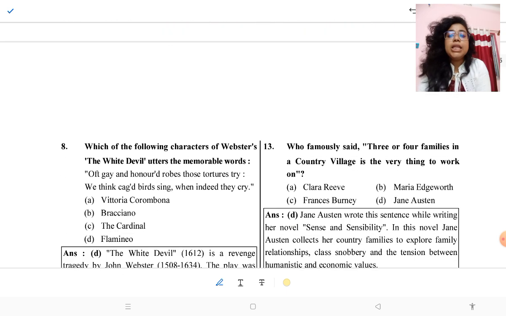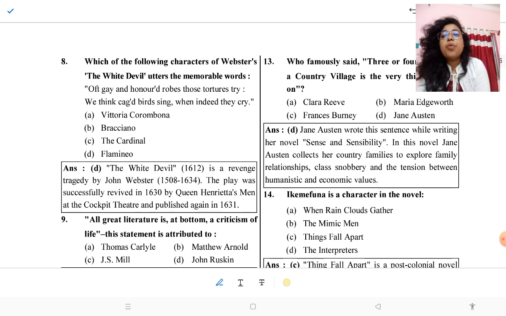Then question number 8: which of the following characters of Webster's The White Devil utters the memorable words, "Oft gay honor drowns those tortures try, we think caged birds sing when indeed they cry"? So this is the famous line from The White Devil by John Webster. The White Devil, written in 1612, is a revenge tragedy by John Webster.